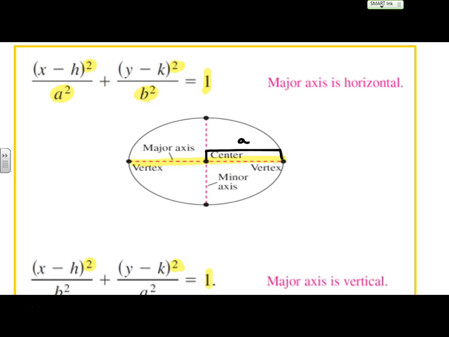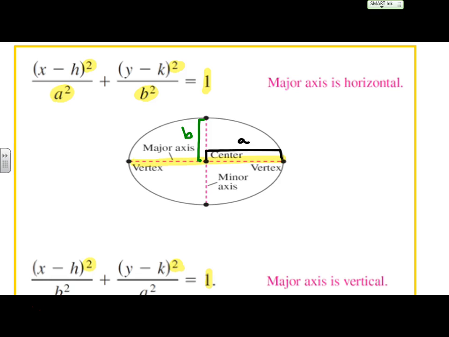The major axis itself, the entire thing, is like the major diameter. It's going to be the entire distance from one vertex to another. But a actually refers to half that distance, so I call it the major radius. It kind of makes sense, like cut the diameter in half. b, on the other hand, is going to be the minor radius.